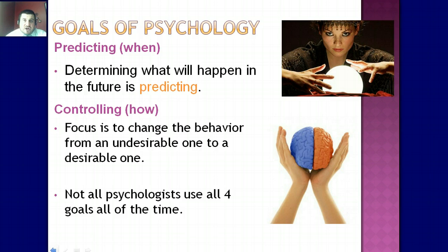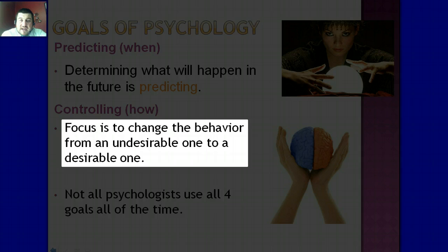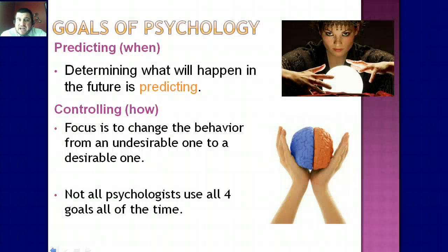And that brings us to our last step of psychology, which is controlling the behavior. We want to change it. How can we change it? How can we control it? That is focusing on changing the behavior from the undesirable behavior, which is not turning in homework and negative attitudes, to desirable ones, which would obviously be the opposite of those.